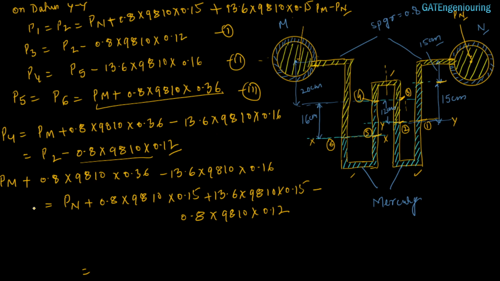After this you can simply reduce this to PM minus PN and your answer will be obtained. This is how we find the difference between these two pipes.